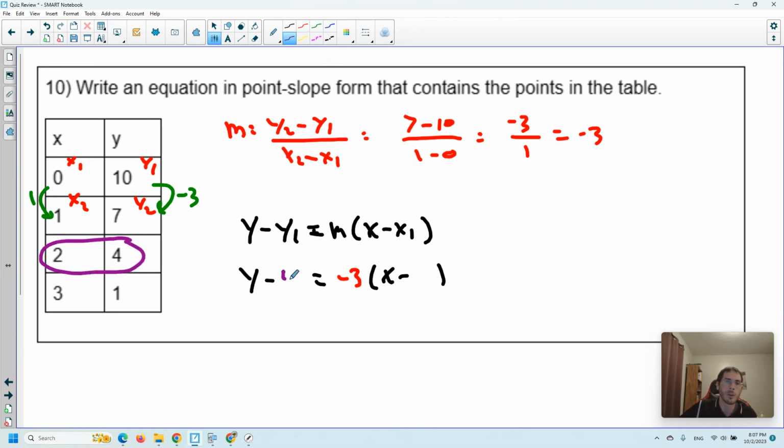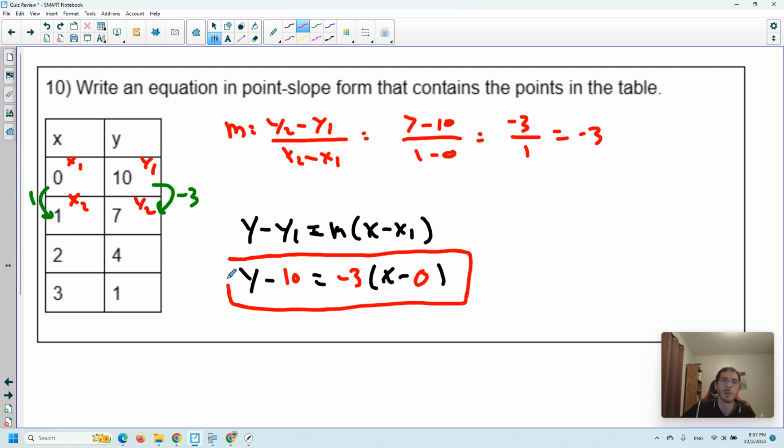So I'll put 4 in for y, 2 in for x, if I want. To be consistent, since I called this one x1 and y1, I'm going to put 10 in for y1 and 0 in for x1. And again, we're not reducing this at all because we want it to be in point slope form. So I'm just going to use the x1 and y1 that I already labeled. And then we're already set. That's it. That's everything we got.